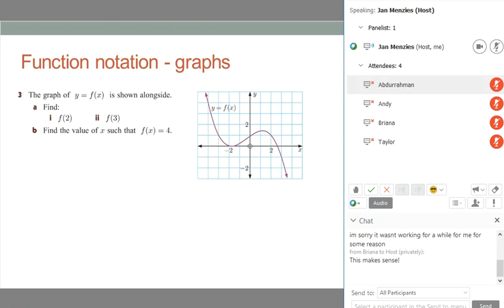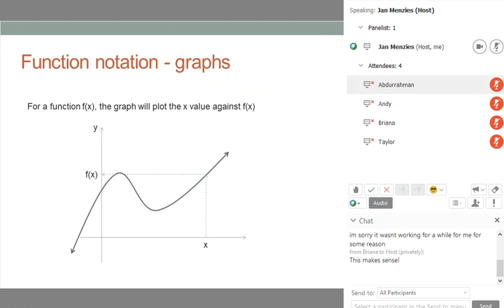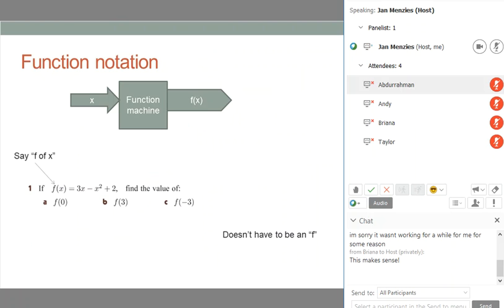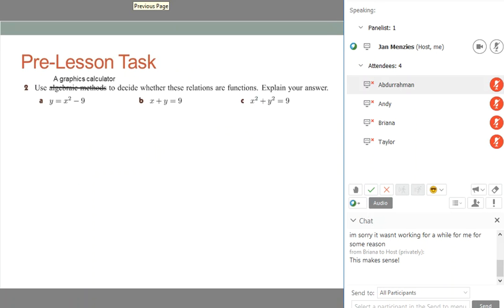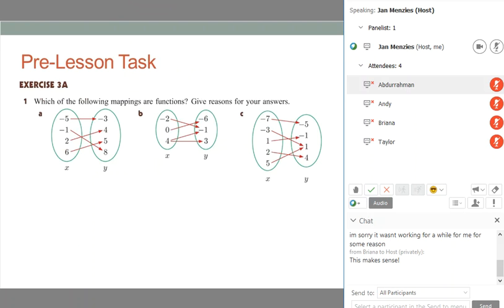All right, so let's go back to the start because I jumped around a little bit. What I want to do is to begin to describe that when we are relating one object, and in maths it's usually a number, one number with another number, there's often a process.